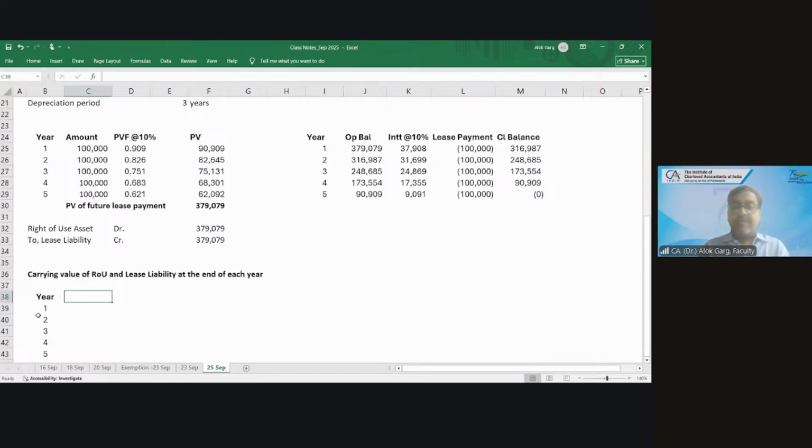So what is my depreciation on ROU? 379,079 divided by 3. It is divided by 3, not 5.